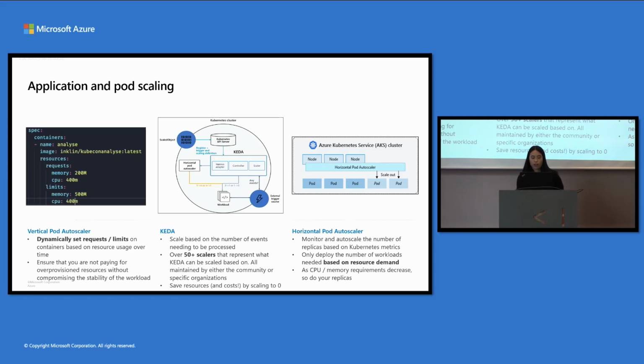And for horizontal pod autoscaler, you can monitor and autoscale the number of replicas based on your Kubernetes metrics. As you see demand increase, you'll also see your number of replicas increase, and likewise, as memory and CPU requirements decrease, your replica count will decrease as well.